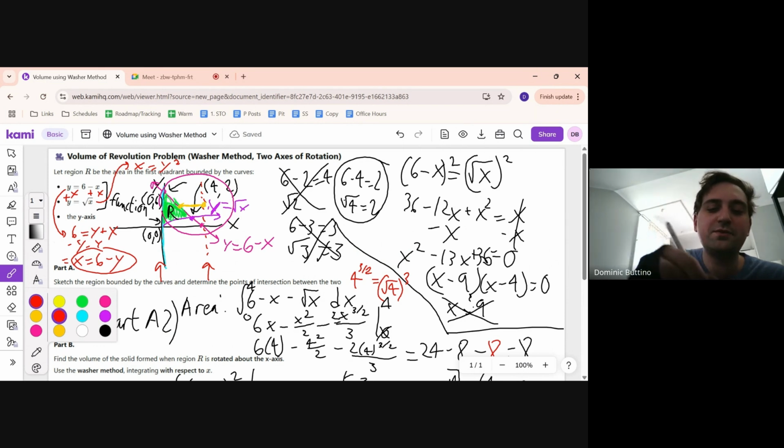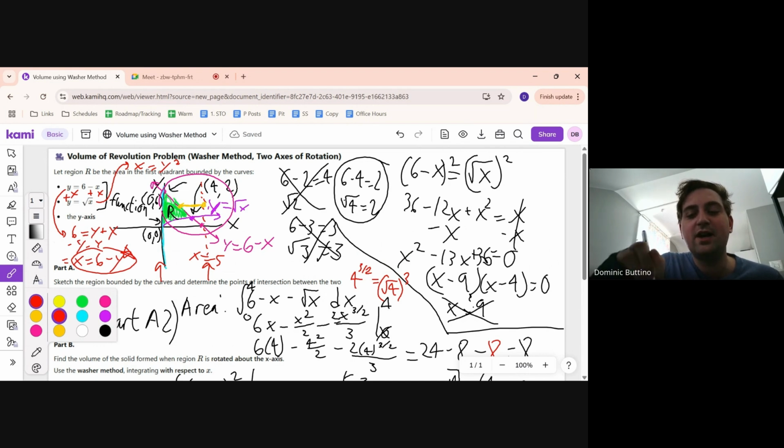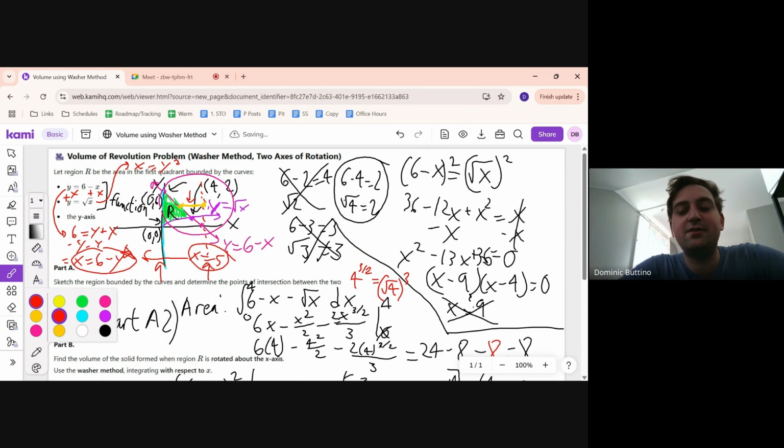So the first one we're going to look at is x equals 6 minus y. And we want to figure out basically the distance from that red dashed line, which is x equals 5, remember, to 6 minus y. How do we find that distance? How do we find this orange line here? We're going to subtract x equals 5 minus 6 minus y.